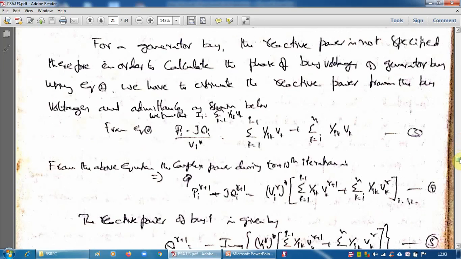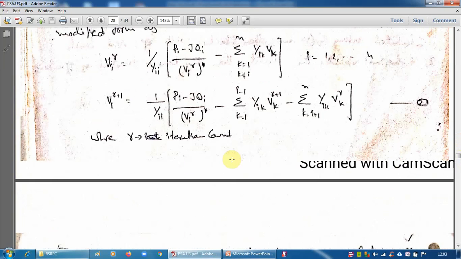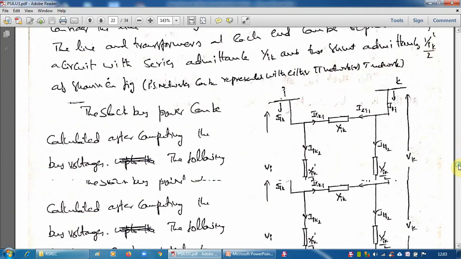Next, if it is a generator bus, calculate Q using this equation, and calculate delta again using this equation. Like that all the buses are over.